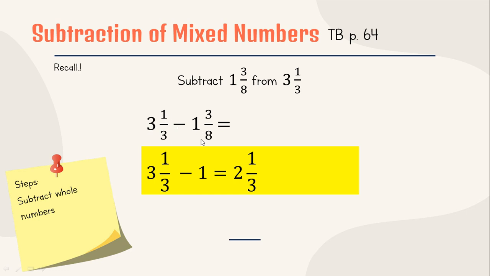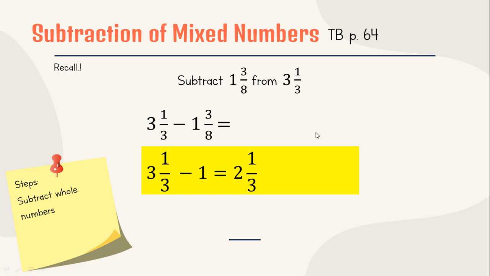From now on, whenever you want to subtract mixed numbers, you have to do it like this because it is better, shorter and more convenient, and your answer will somehow get close to 100%. So 3 1/3 minus 1, of course 2 minus 3.